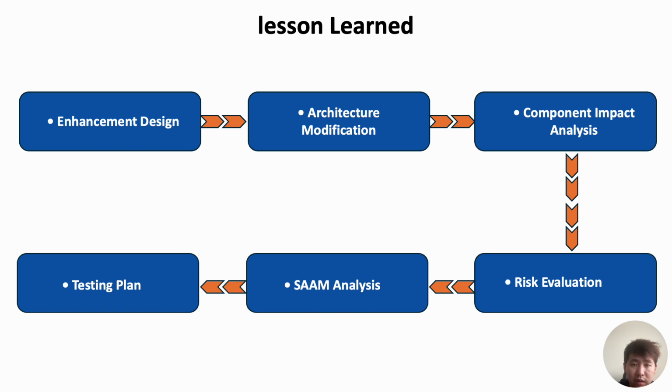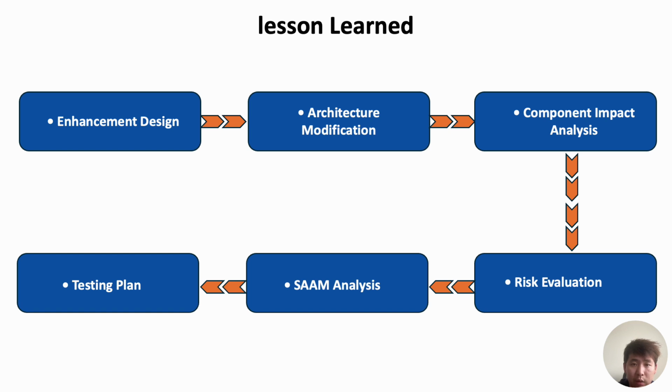In terms of risk evaluation, we assessed the potential impact on system maintainability, performance, and stability, which gave us a better sense of architectural trade-offs. The SAAM analysis taught us how to evaluate different design alternatives based on stakeholders' needs and non-functional requirements.